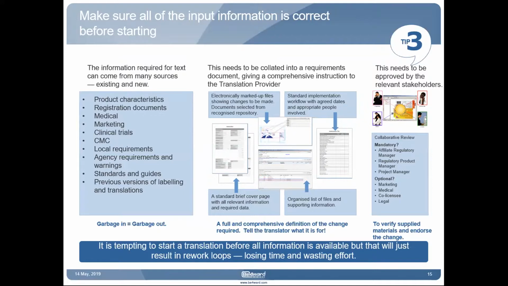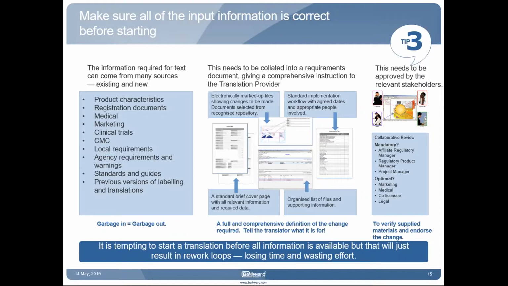Now, if you don't get all of that together and make sure that it's correct, if that input is wrong, you can guarantee that the translation that will come out the other end will be wrong, because the translation provider can only provide a translation based on what they've got. So as I've said before, garbage in equals garbage out.